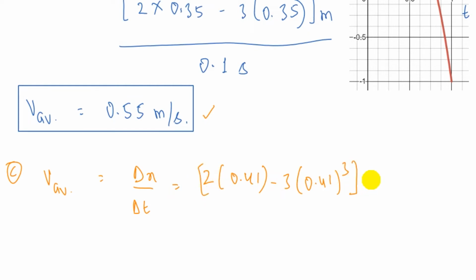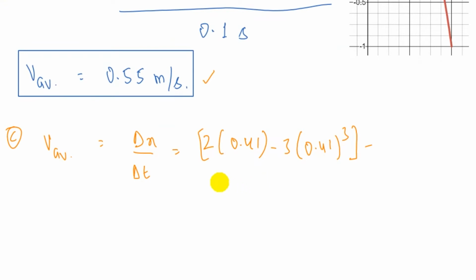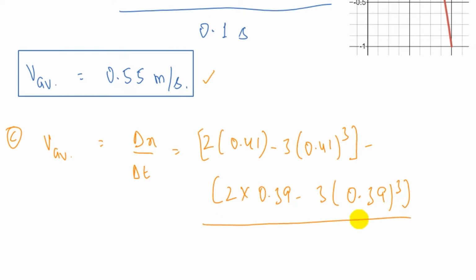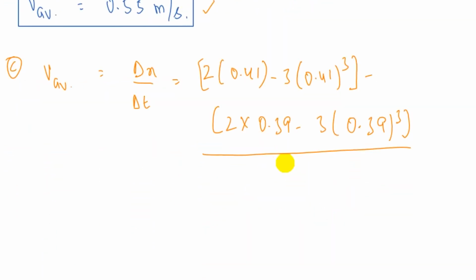So this is the final position minus the initial position. So for the initial position we have to put t as 0.39. So 2 multiplied with 0.39 minus 3 multiplied with 0.39 and its cube, and this is the initial position. Divide by delta t. So delta t we have 0.41 minus 0.39, which is 0.02. So we'll get this answer to be 0.56 meter per second. So this is the average velocity for the given time interval.